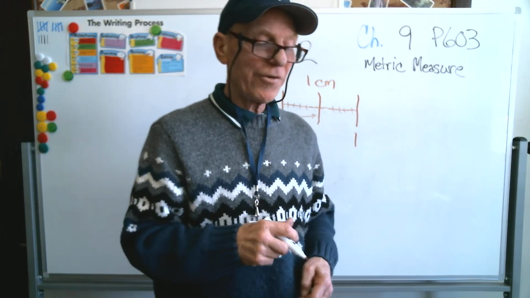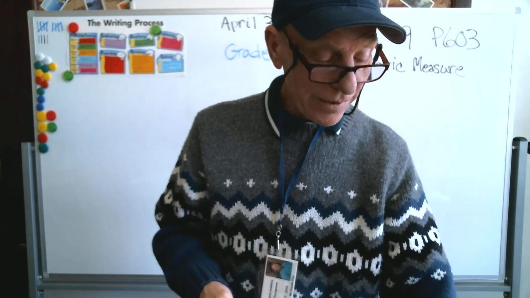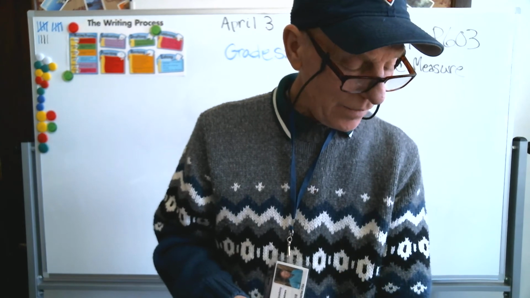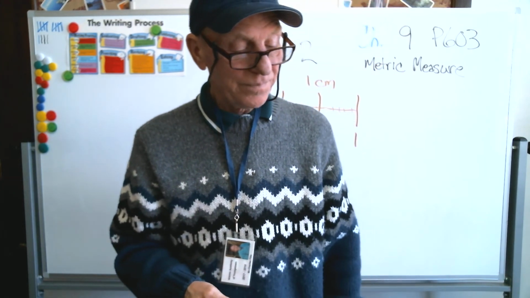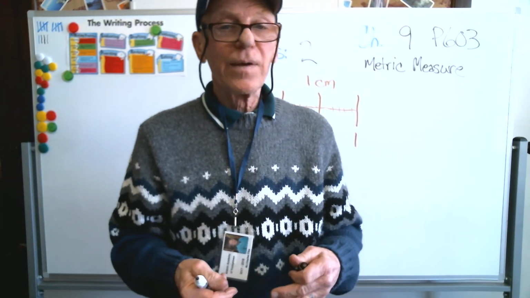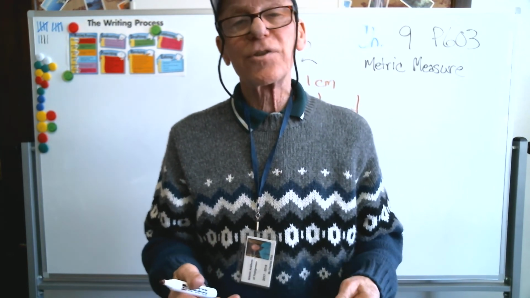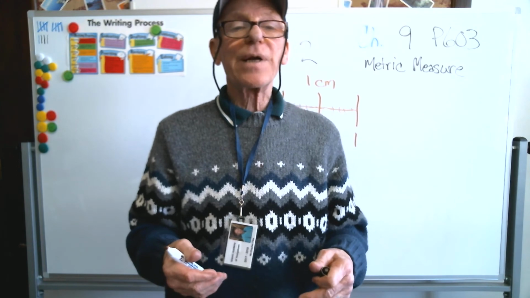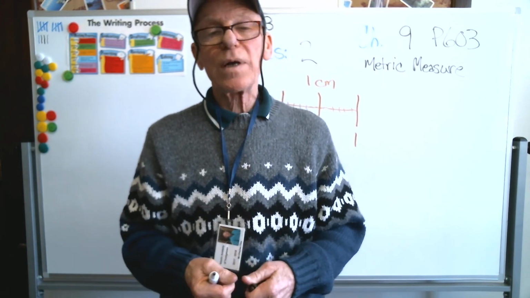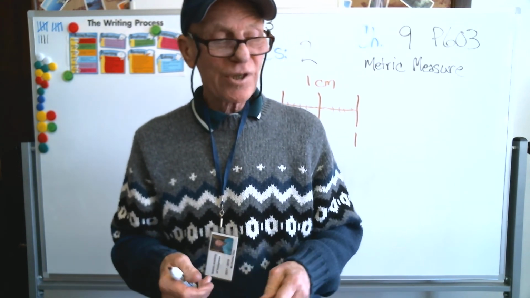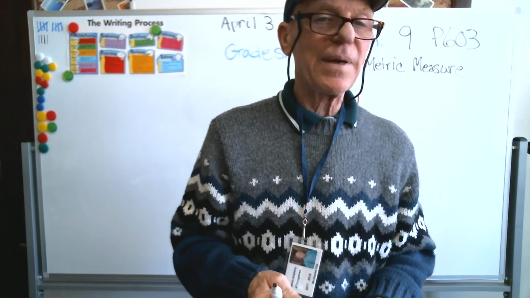I think in all the measurements that you're going to have to do in 9.3, it will tell you to measure it to the nearest centimeter, or it will ask you to measure it at about what centimeter. So you're really going to be sticking with centimeters.